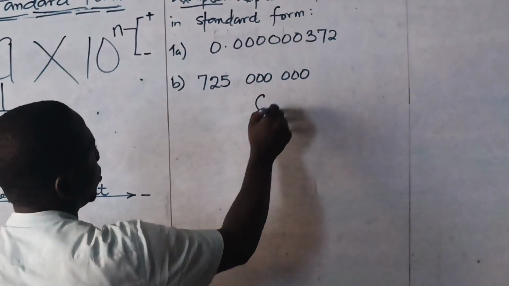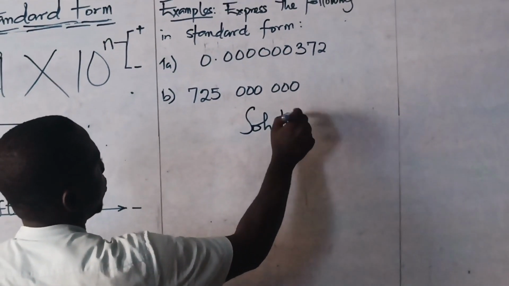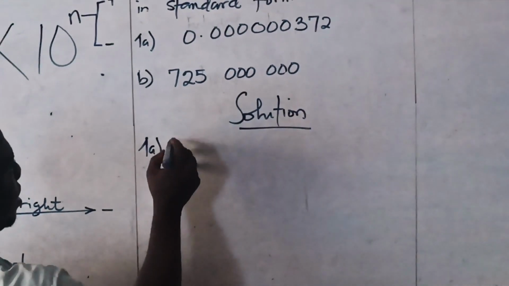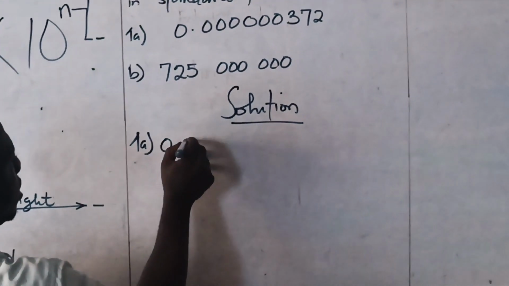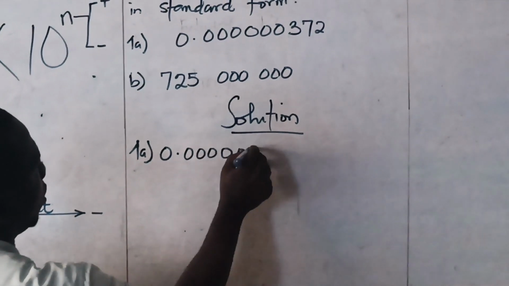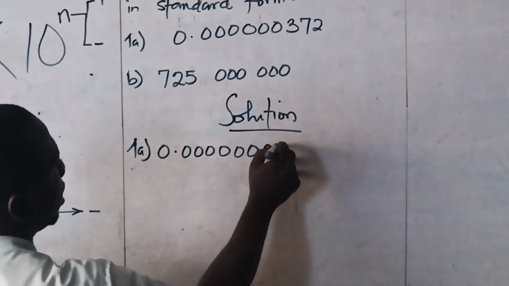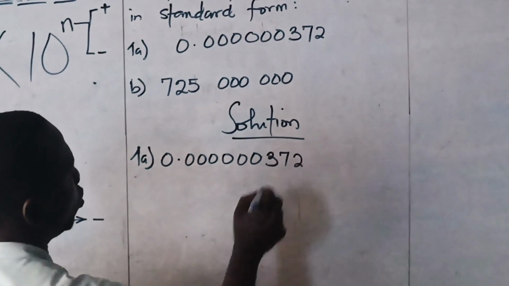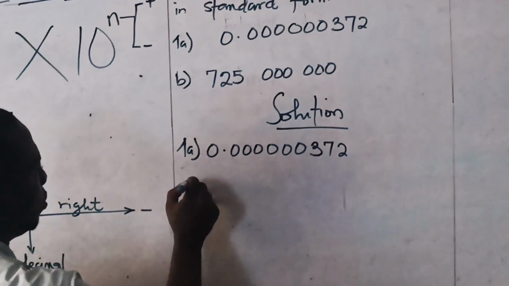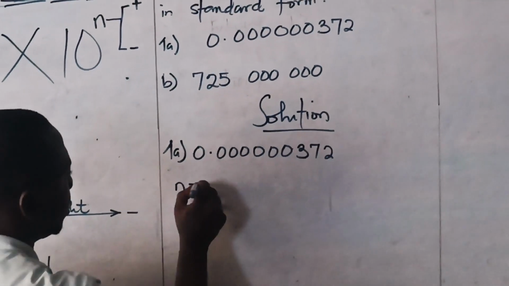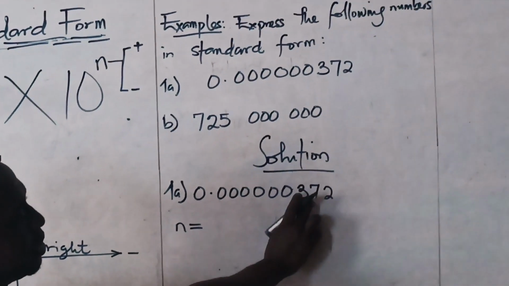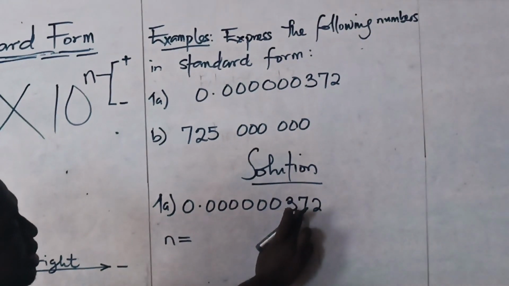Now, solution. We are having 1A, that is 0.000000372. Now, we want to find our N. What will be our N? It means we have to carry our point to a digit.